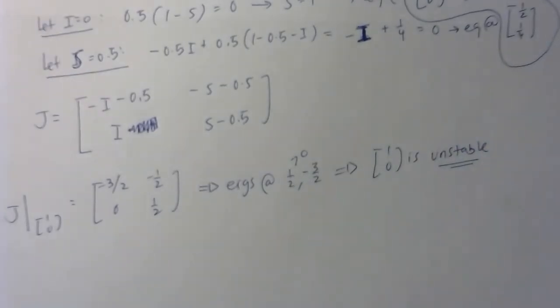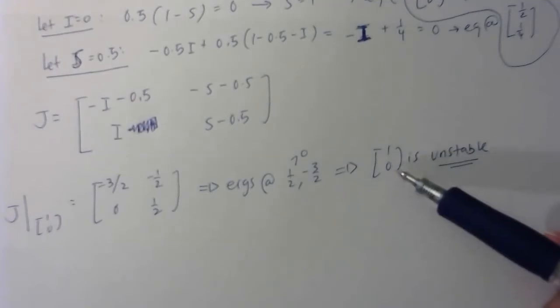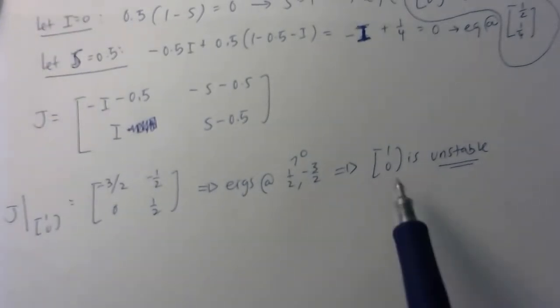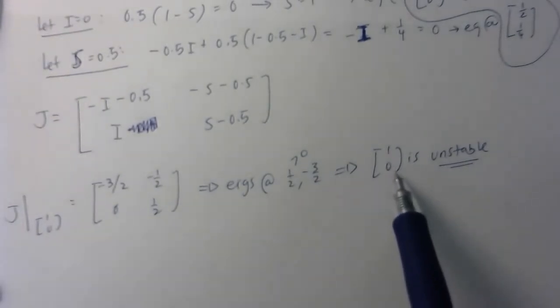Okay, so what does that mean to be unstable? This was the number of susceptible, this is the number of infected. If I start a little bit away from this equilibrium, then the solution blows up. So it means if I start with no one infected, fine.